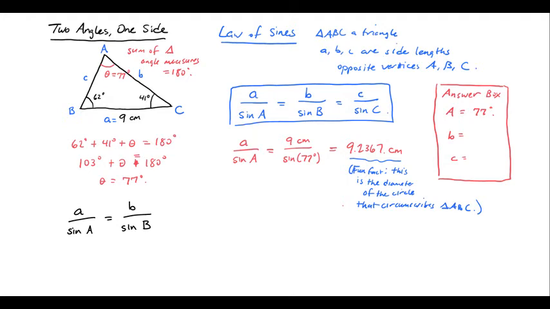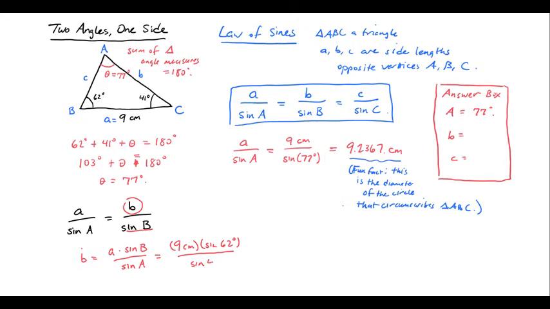All right, so this is the thing that I want. I want to find the length of side B. So to do that, I'm just going to multiply both sides of this equation by sine of B. So I get that B is equal to A times the sine of B over the sine of A, and A was 9 centimeters. Sine of B is going to be the sine of 62 degrees, and then over the sine of, what was that?